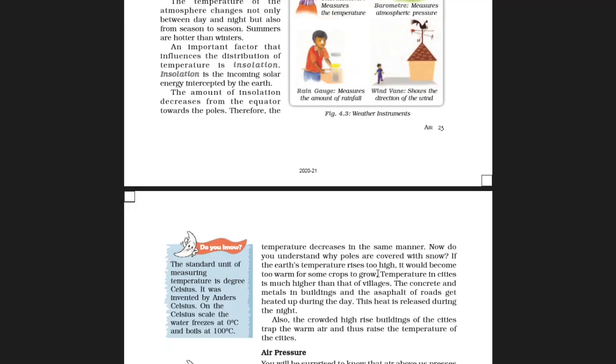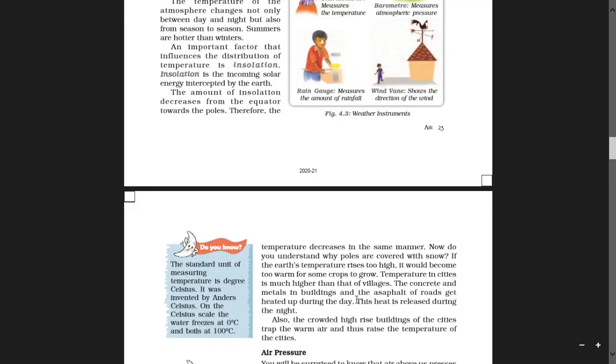Temperature in cities is much higher than that of villages. The concrete and metals in buildings and the asphalt of roads get heated up during the day. Concrete here means pebbles, and asphalt means tar of roads.